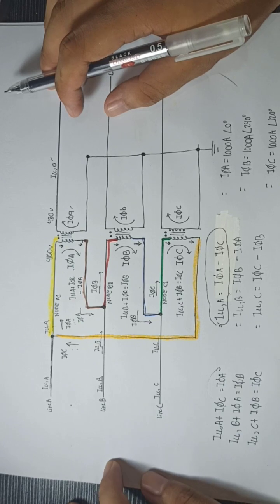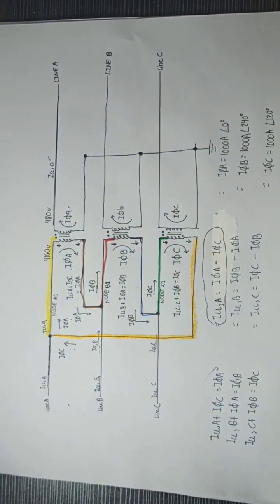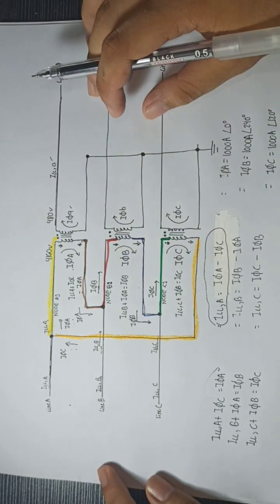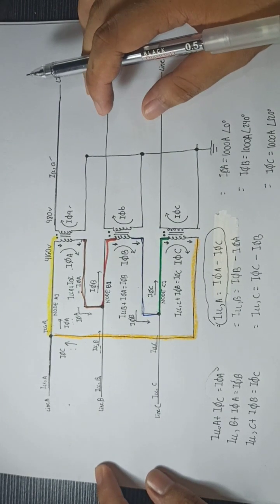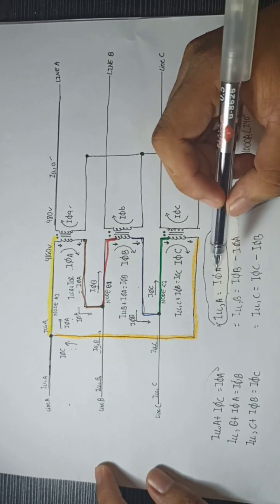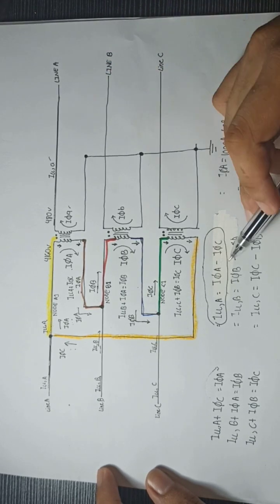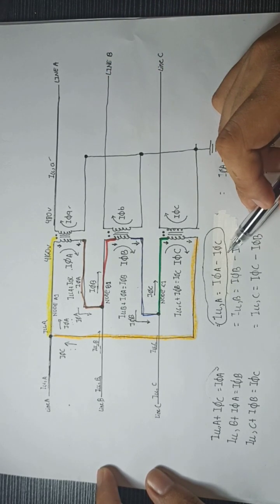So we're doing a nodal analysis on node A1. And what we're actually trying to solve with our phasor diagram is this particular equation here. We're trying to find out what this line current equals when we subtract phase current C from phase current A.